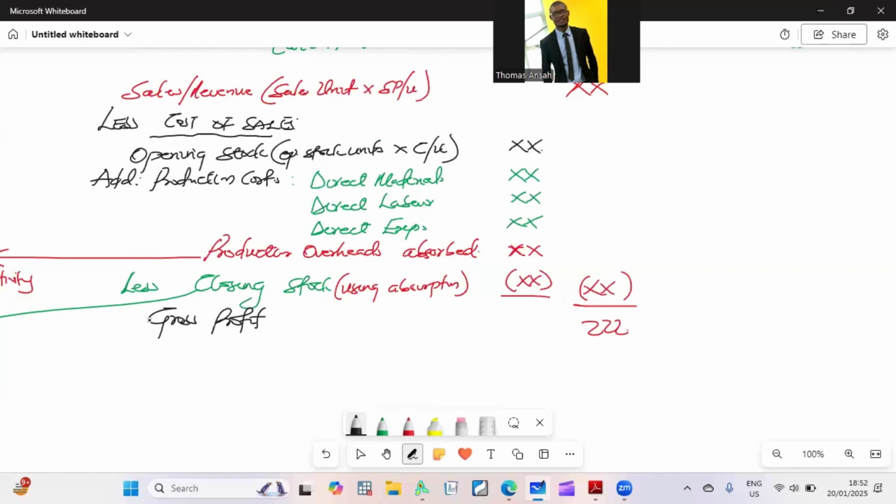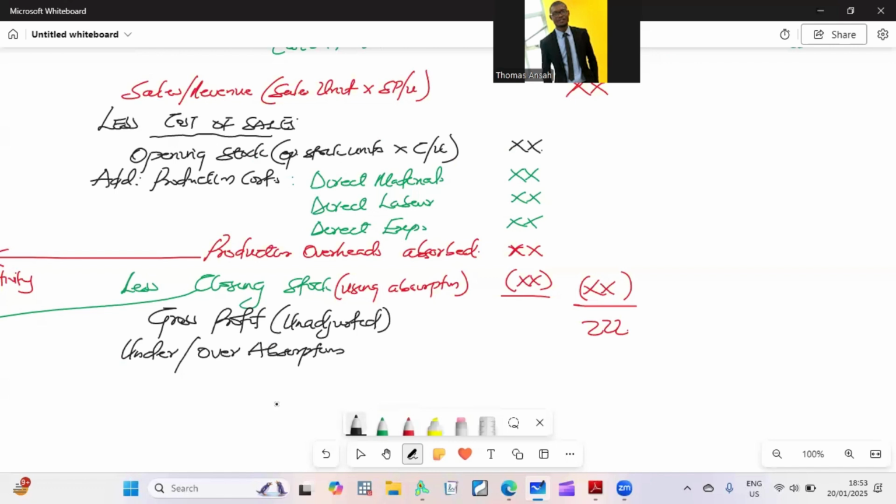Under absorption is like a loss, and I'll explain the under absorption and the over absorption. The gross profit that you have there, we call it unadjusted.